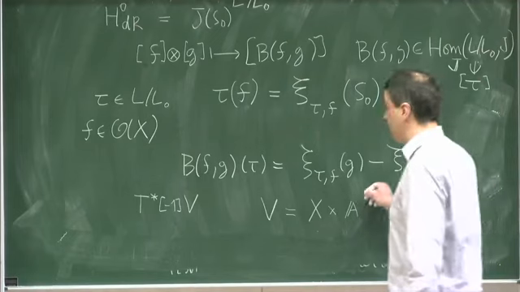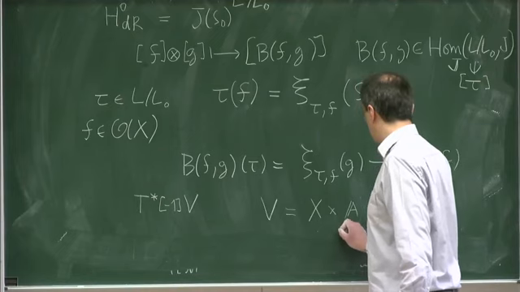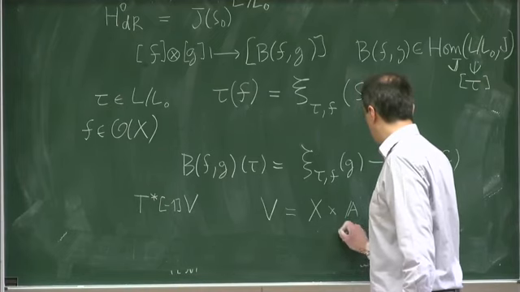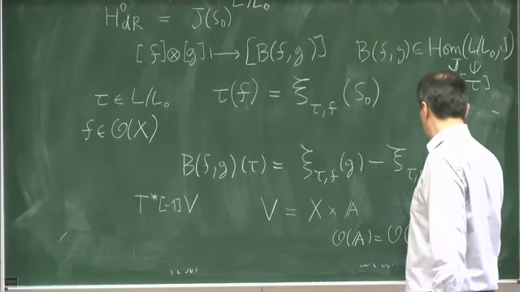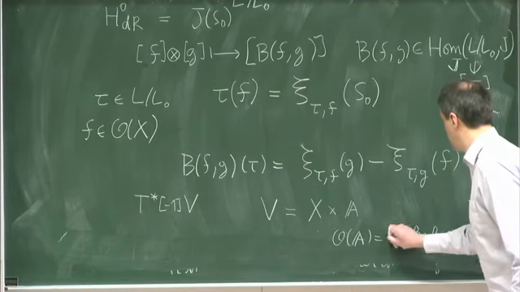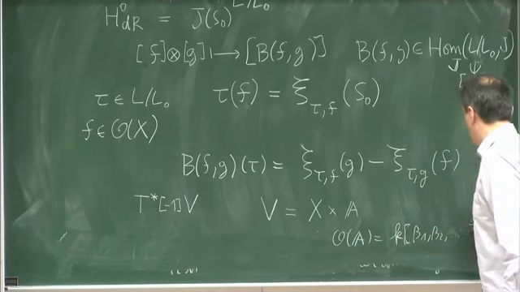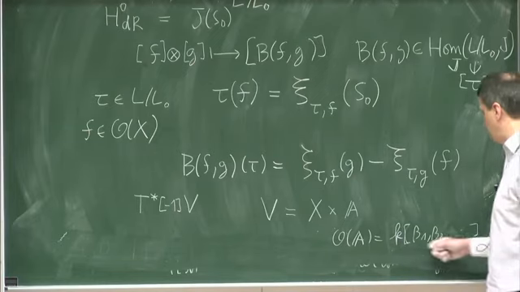So some graded affine space, and the functions on A will be some polynomial ring. My question was, what are the degrees and how many of them do you use? So there will be finitely many in each degree.